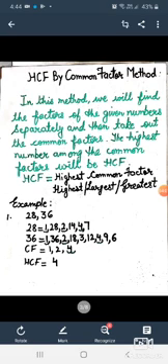Here you will find the factors of 28. See, the factors of 28 are 1, 28, 2, 14, 4 and 7. As 28 is fully divisible by 2, 14, 4 and 7. Similarly, the factors of 36 are 1 and 36.